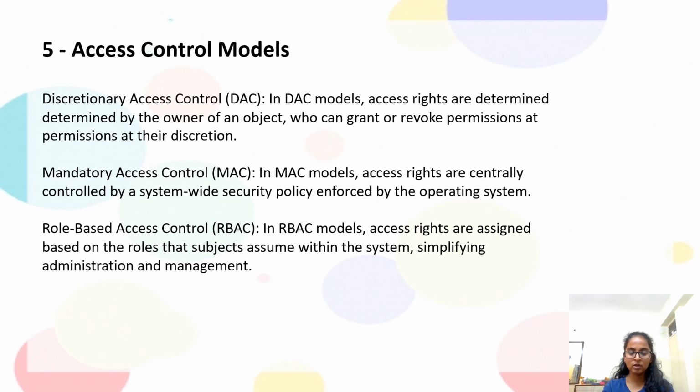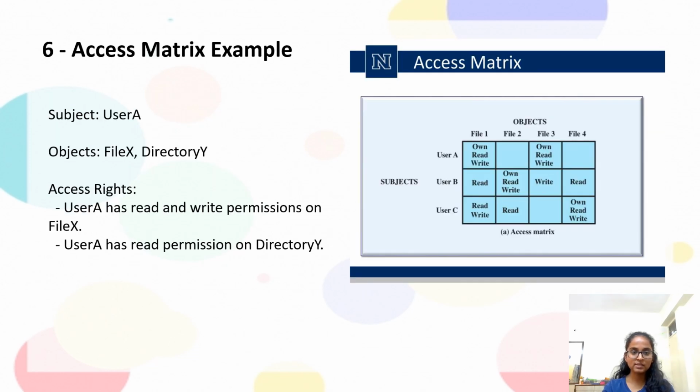Mandatory access control: in mandatory access control, access rights are centrally controlled by a system-wide security policy enforced by the operating system. Role-based access control: in role-based access control models, access rights are assigned based on the roles that subjects assume within the system, simplifying administration and management.